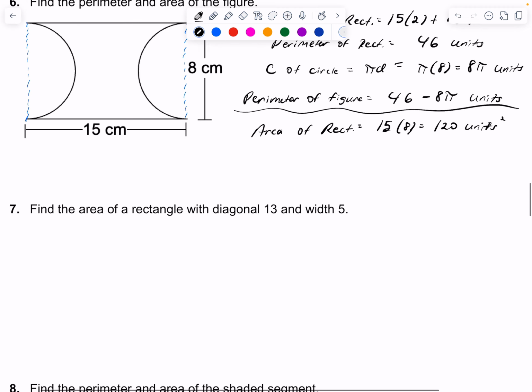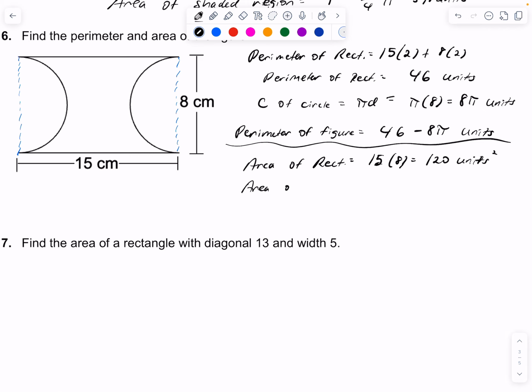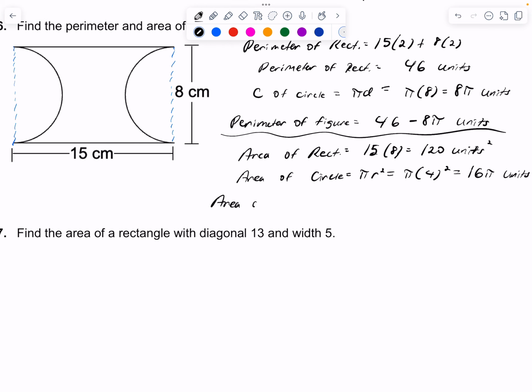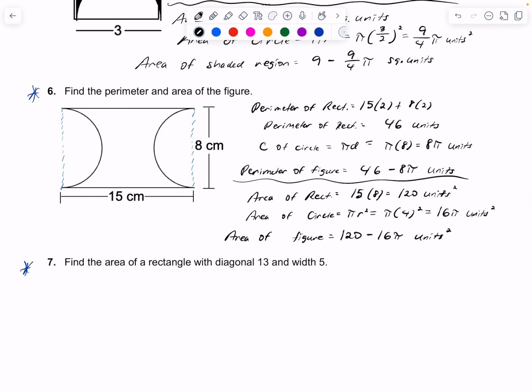And for the area of the circle, that's pi r squared, which is pi times the radius, 4, squared. So that's 16 pi square units. So the area of the figure is equal to 120 minus 16 pi square units. All right, and so that is the work for number 6.